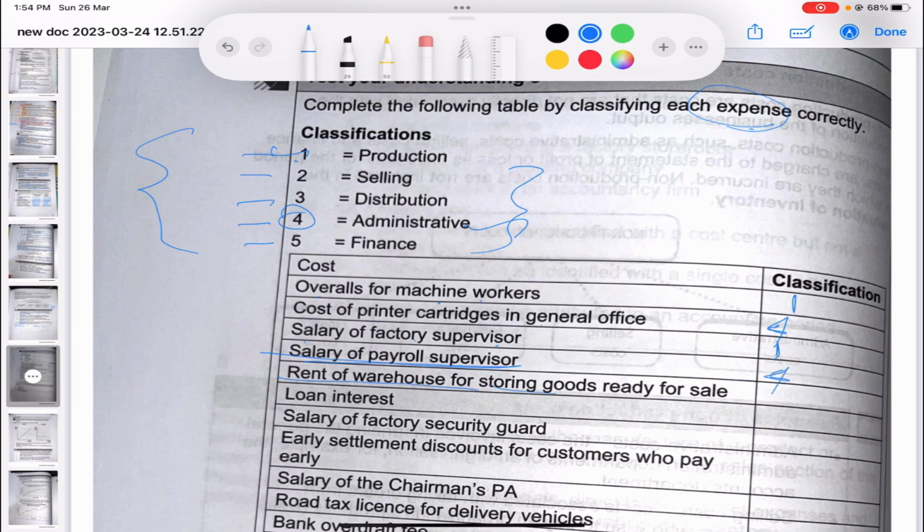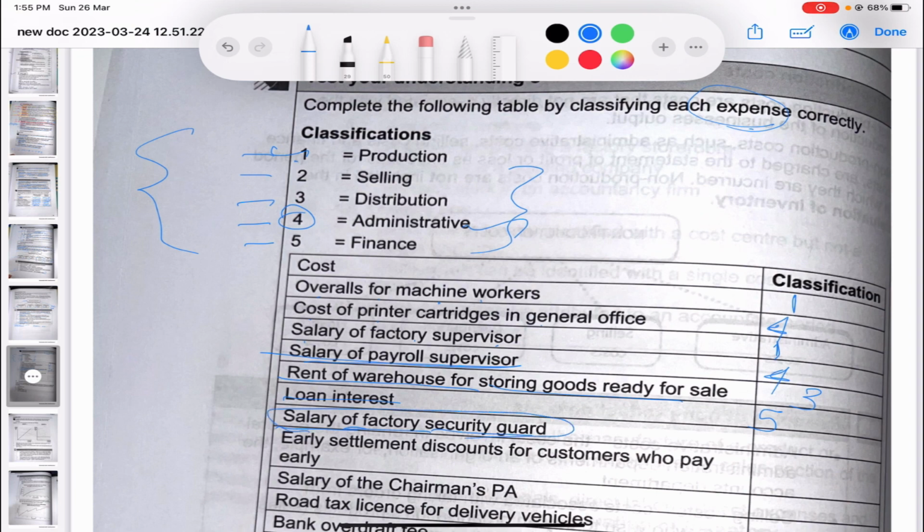Rent of the warehouse for storing goods. When you talk about storing, that would be related to distribution. Loan interest is my finance cost. Salary of factory security guard. I'm sorry, I made a mistake.